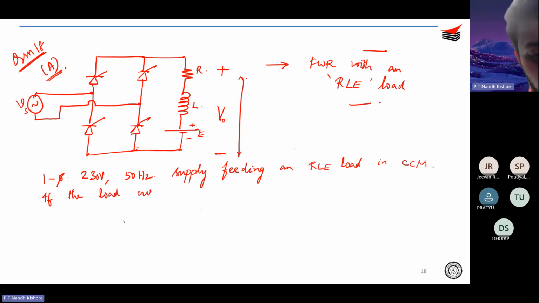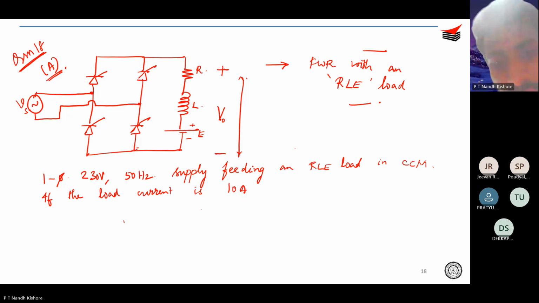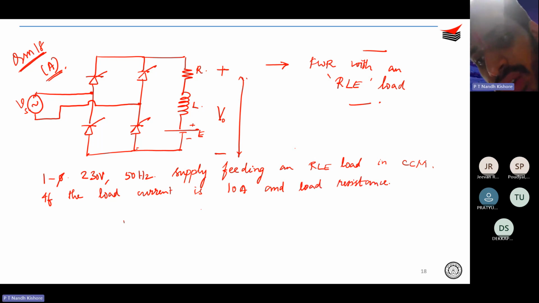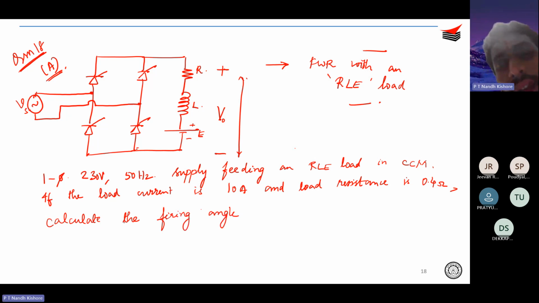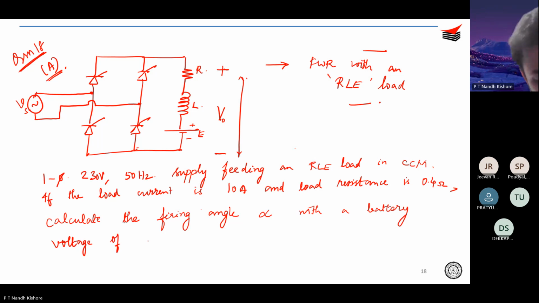If the load current is 10 amperes and load resistance is 0.4 ohms, calculate the firing angle alpha with a battery voltage of 120 volts.